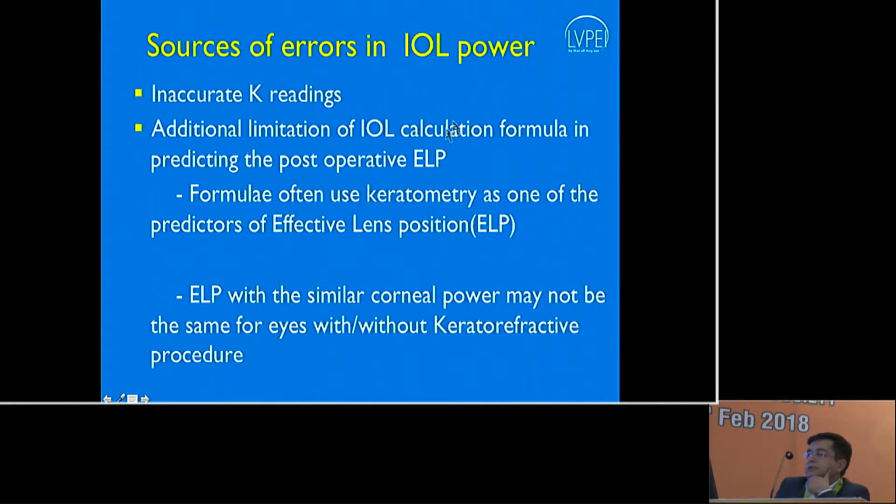Also, there is an issue of ELP, which has been described earlier. The effective lens position, which the IOL calculators presume, is much different than what actually is in this particular situation, and that also plays a role in getting a different IOL power than what it should be.